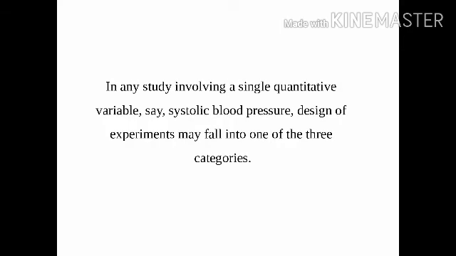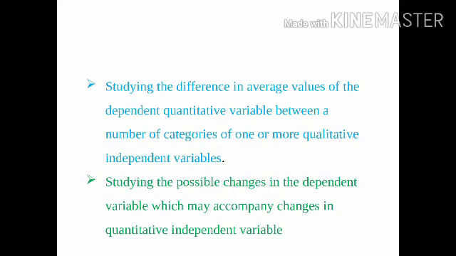In any study involving a single quantitative variable, say systolic blood pressure, the design of experiments may fall into one of three categories. The first one is studying the difference in average values of the dependent quantitative variable between a number of categories of one or more qualitative independent variables. For example, studying the differences in average blood pressure between various ethnic groups and between sexes.